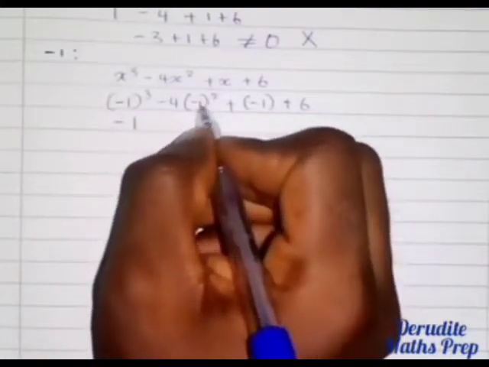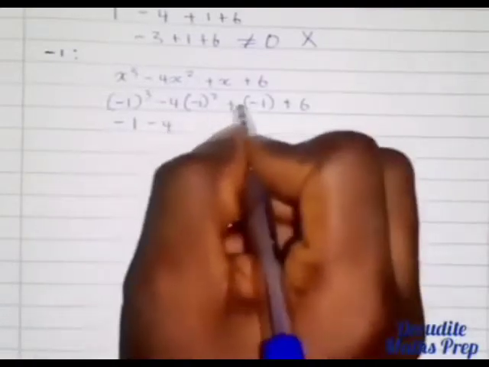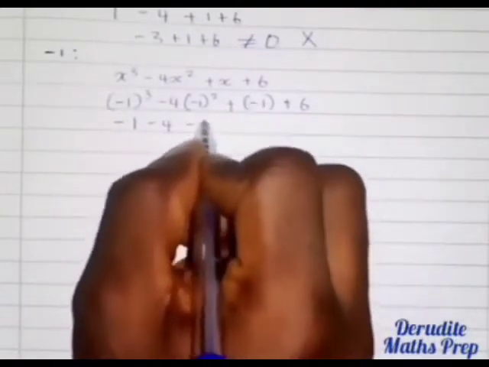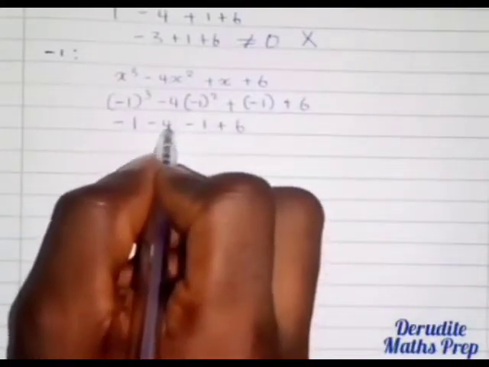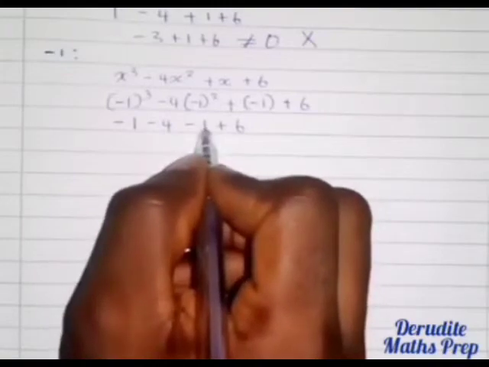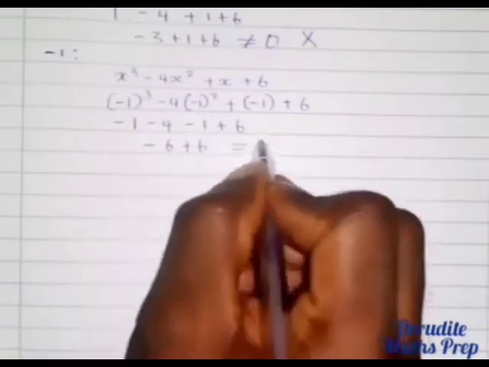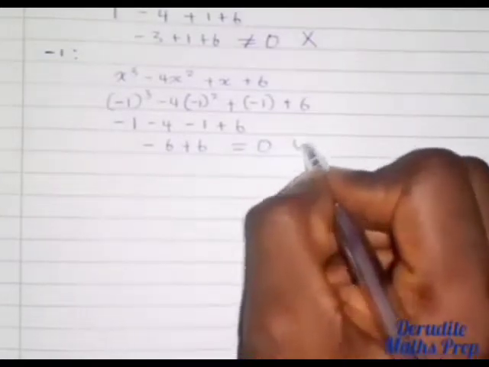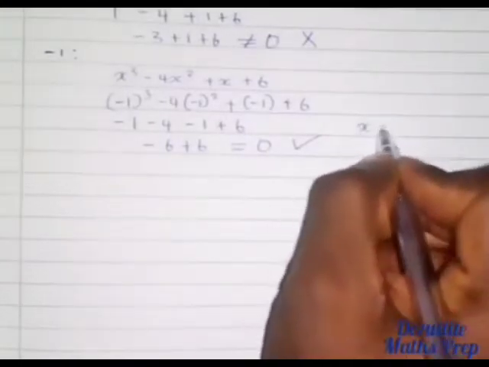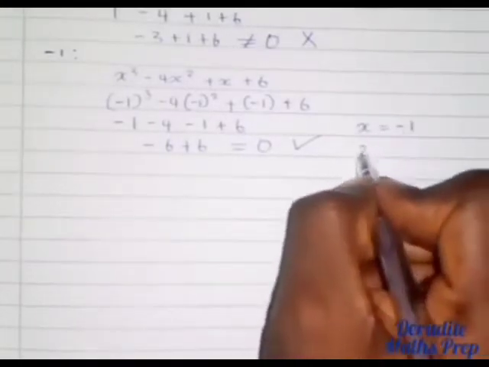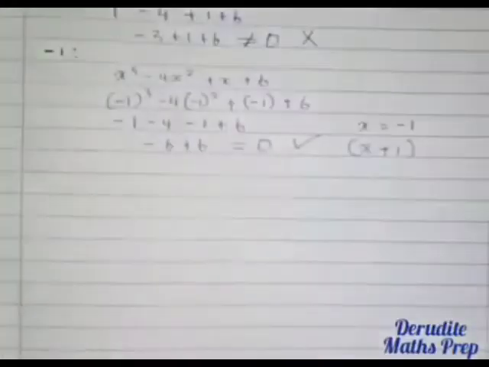Minus 1 squared is minus 1 times minus 1, that is plus 1, times minus 4 is minus 4. Plus times minus is minus 1. We have plus 6. Minus 1 minus 4 is minus 5. Minus 1 again is minus 6. So we have minus 6 plus 6. This is equal to 0. So in other words, negative 1 is a root of this polynomial. So x is equal to minus 1 is a root, and x plus 1 is a factor of the polynomial.